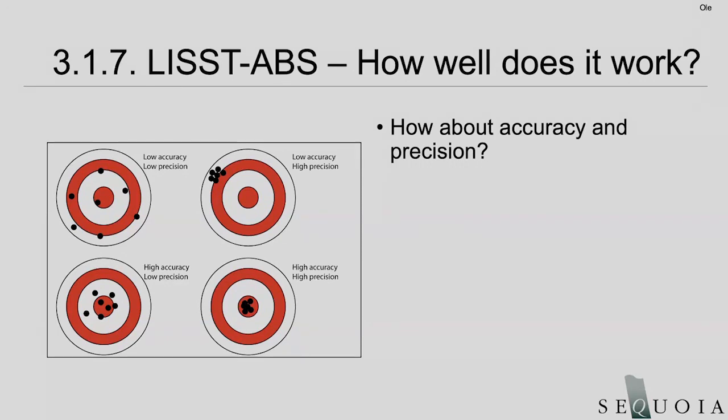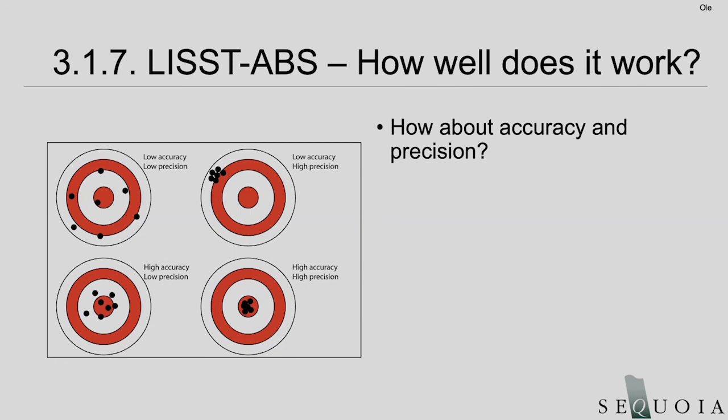So if you stay in the laboratory technician terminology, this could be, for example, if it's a technician that's used to always filter 1 liter, and then suddenly that technician gets a lot of water samples that are 2 liters, but they forget that when they actually have to compute the concentration, so they divide by 1 liter instead of 2, then all the data points will still cluster together because the technician is still just as good, but the accuracy is low because they have the volume wrong. But crucially, when you have a low accuracy and high precision, you can always adjust it. You can see all those points could be adjusted right into the target, into the bullseye, just by one transformation.